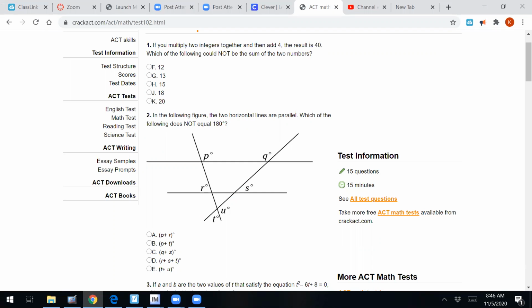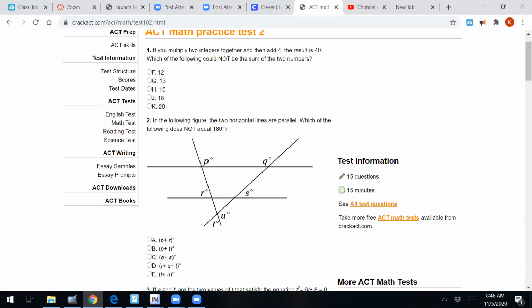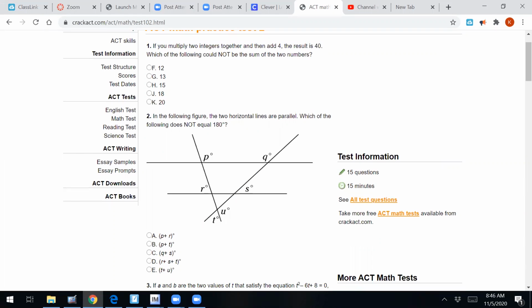Like x times y plus 4 equals 40, right? Two integers multiplied together, add 4, the result is 40.